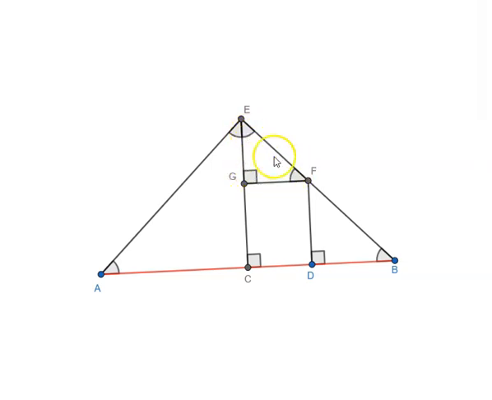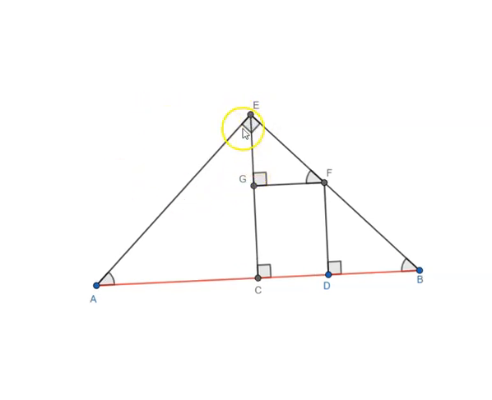These two angles are equal, that means they are both 45 degree. So AEC and CEF or CEB both are 45 degrees. That means this is 90 degree. So let me mark it as 90 degree.